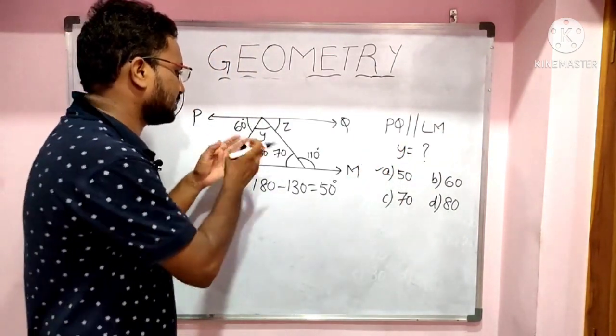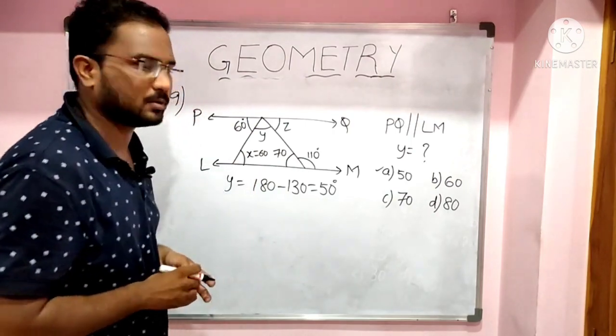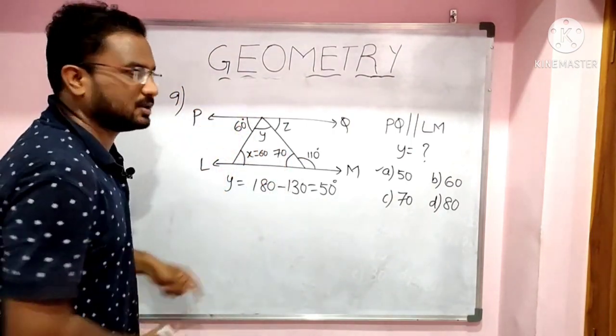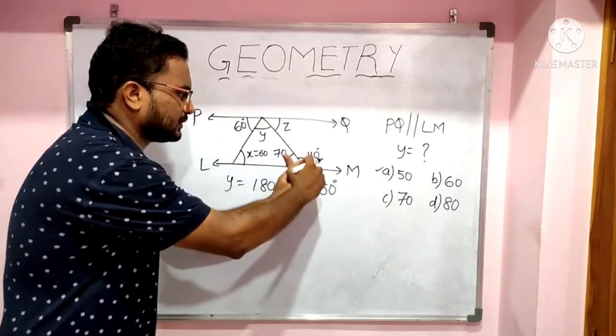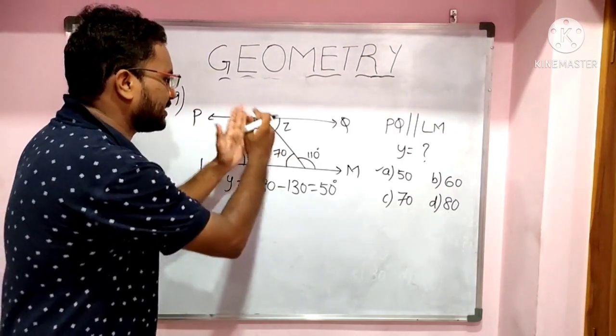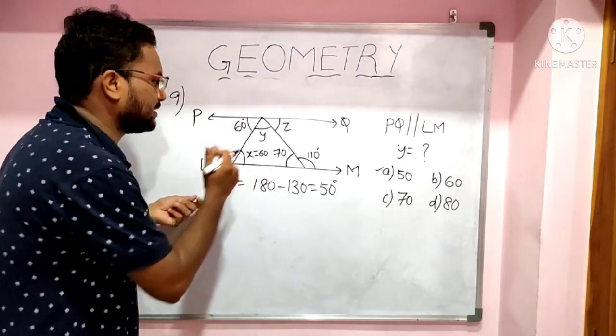You can also directly get this angle. How? These two lines are parallel and this is the transversal. If two parallel lines are cut by a transversal, then alternate interior angles are always equal.